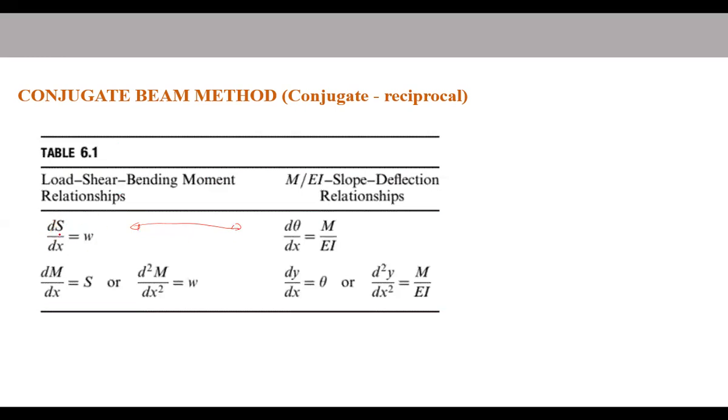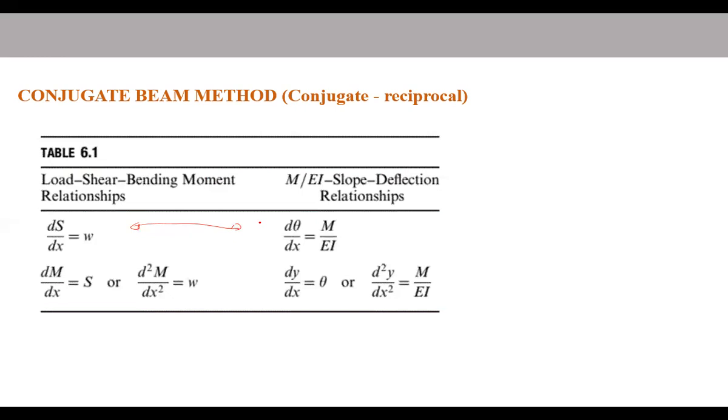Suppose we apply M over EI as the load on a beam, so you get the M over EI diagram. If you assume the shape of that diagram as a load, and apply the M over EI diagram as a load on a beam, then the shear force is equal to what?